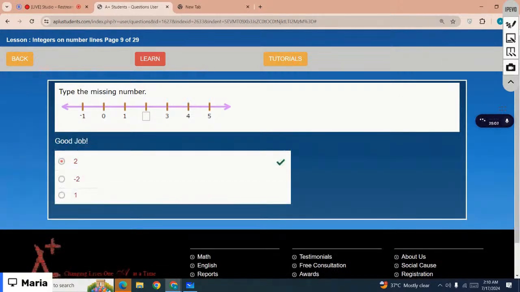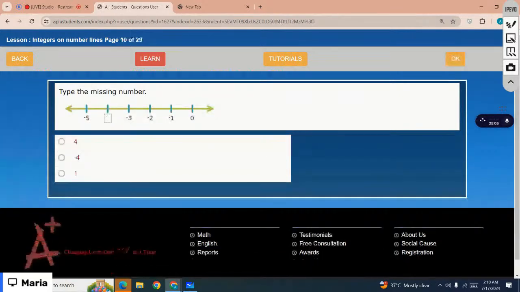Very good. Yes, -4, the correct option is -4.